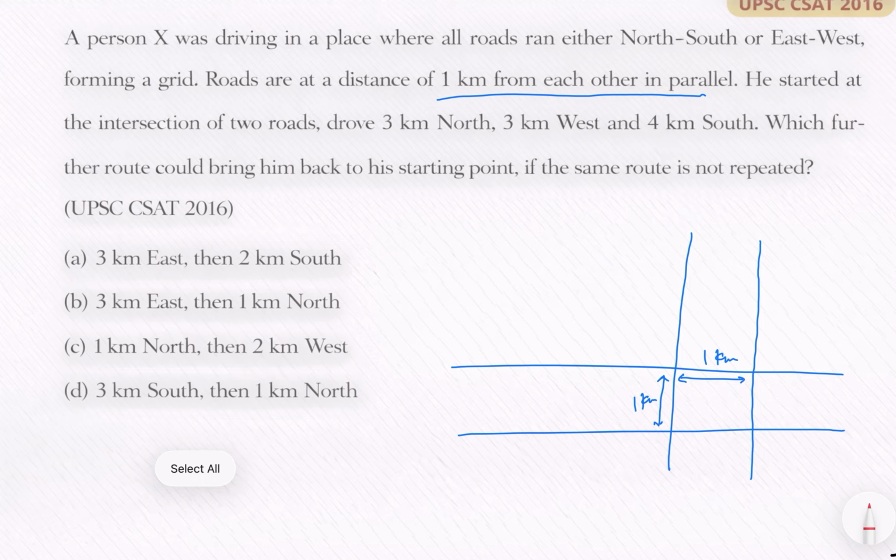He will start at the intersection of two roads. This point he will start, that is E, X's starting point. In the north he will drive 3 kilometers, and he reached a point B.